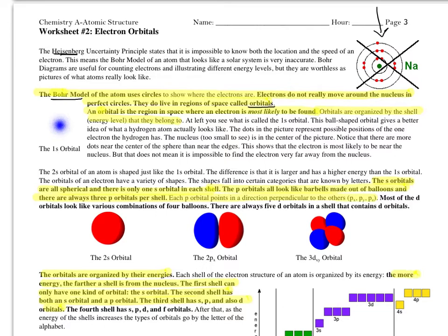Now, this idea of these circles around the nucleus getting further and further away that Bohr introduced is still helpful. The orbitals, these regions of space, are organized by the shell that they're found in.